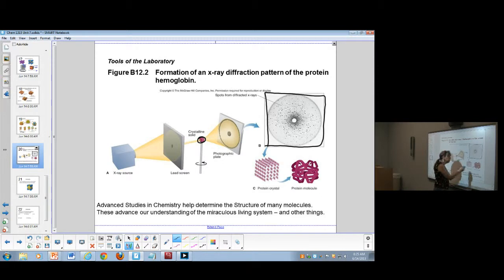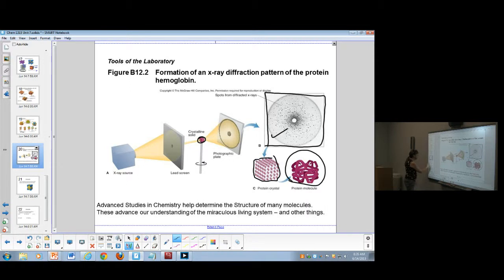Well, really smart people can take that information and figure out what the protein's overall structure is. And so we actually know what a protein molecule like hemoglobin looks like in the solid state because we have these great X-ray diffraction techniques that can be used to help us see stuff.